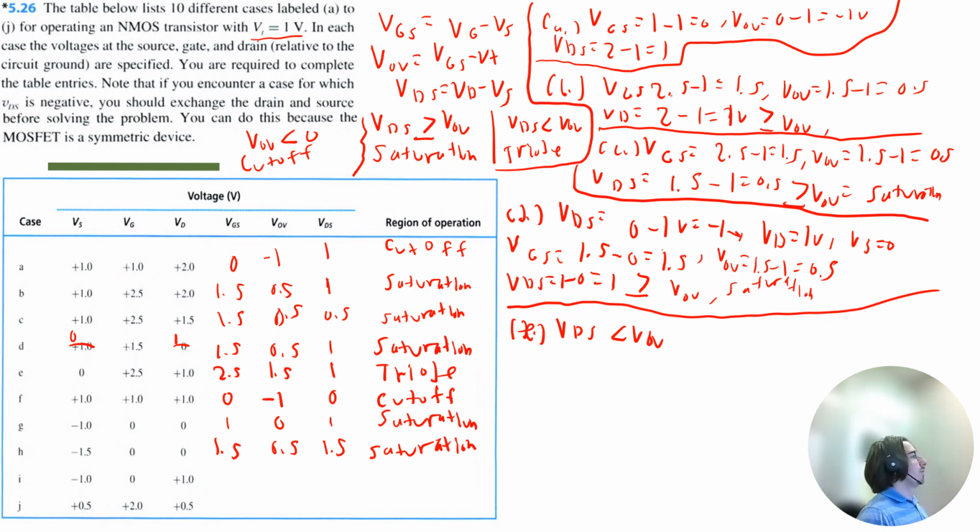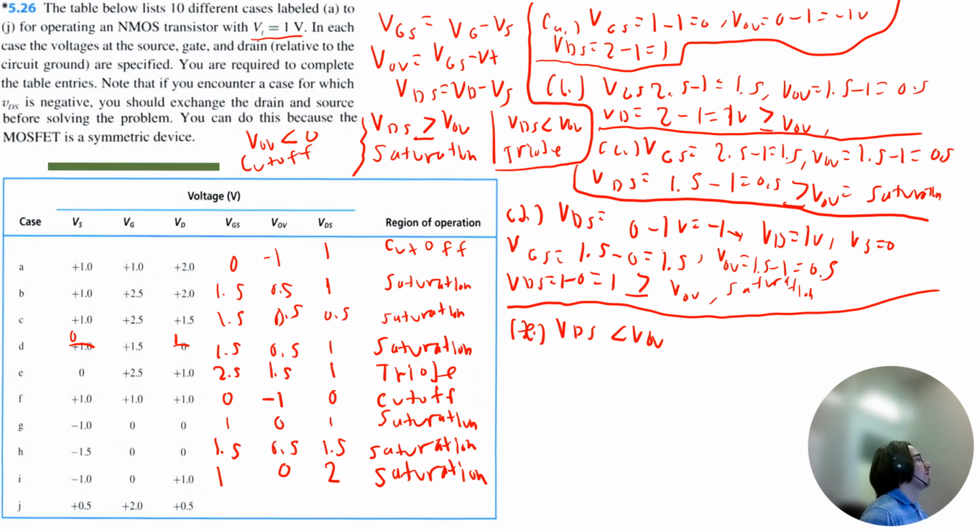Okay, for case I, we have VGS is 0 minus a negative 1, so we get a positive 1. V overdrive is 1 minus 1, which is 0. VDS is positive 1 minus negative 1, which becomes 1 plus 1, so we get 2. This is greater than V overdrive, so we're in saturation.